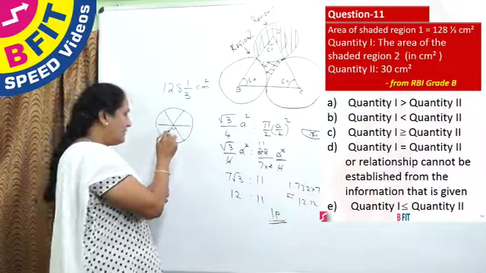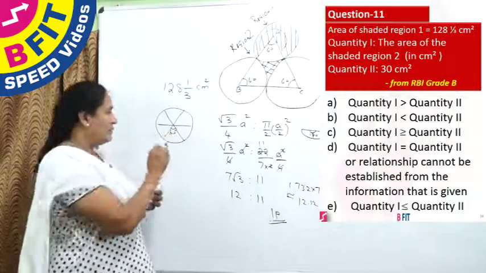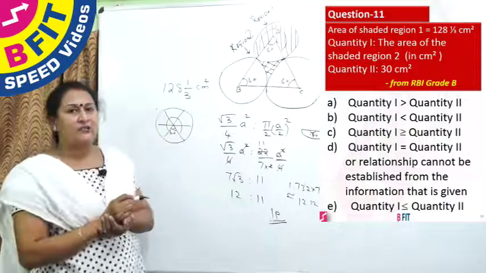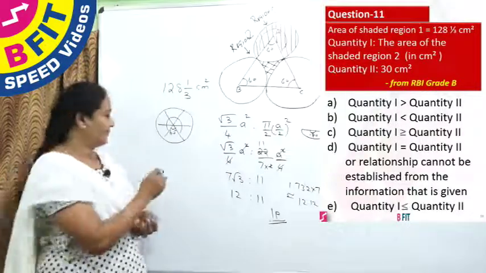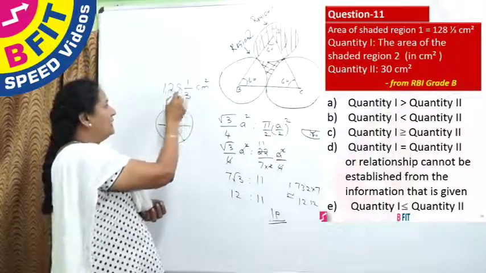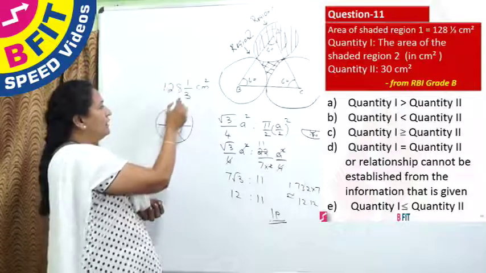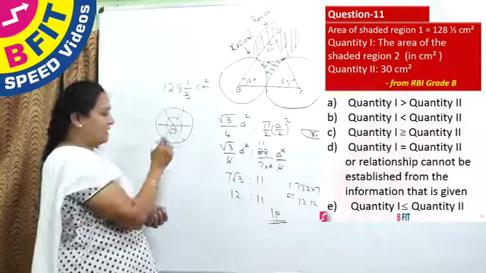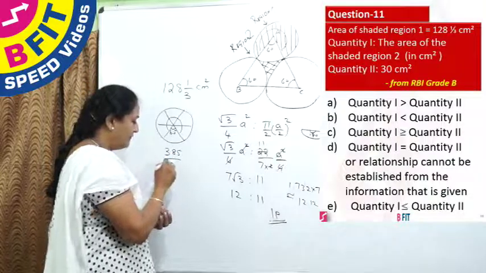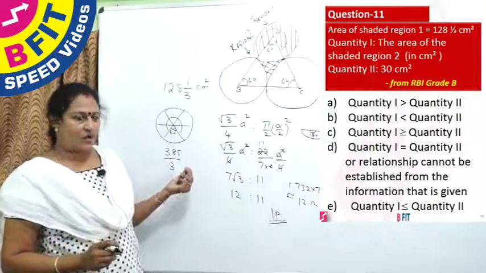What is the data given? For these 5 sectors, the area is given as 128 1 by 3. Converting this to an improper fraction, multiplying and adding, 128 into 3 is 384, plus 1 is 385 by 3.